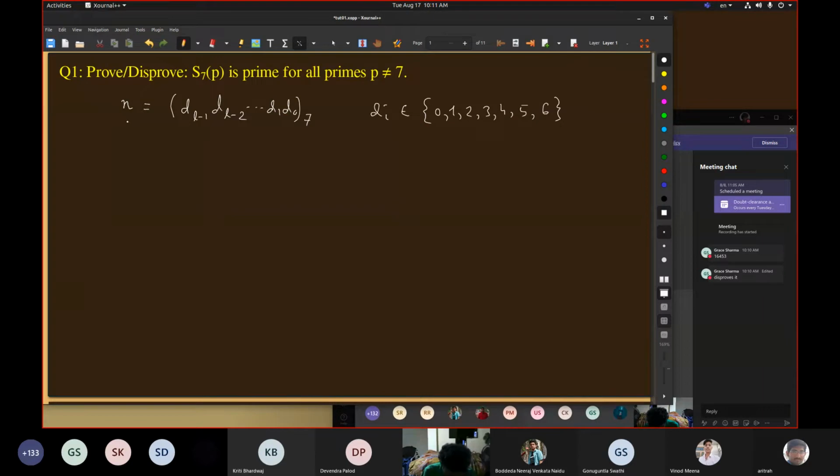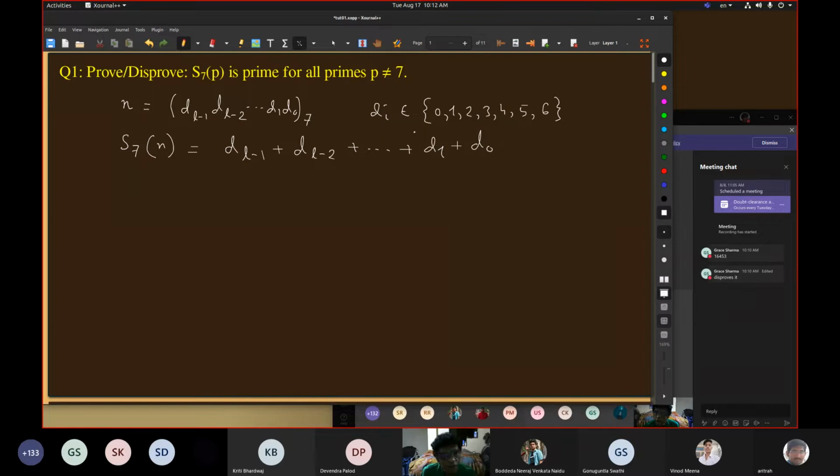And once I expand n in this fashion, I say that S7(n) is just the sum of these digits, D0 up to D(L-1).